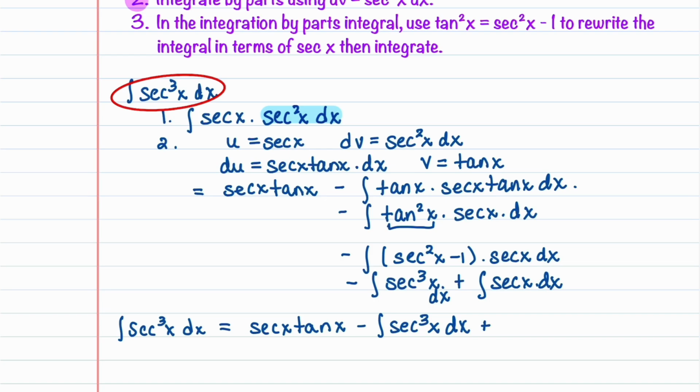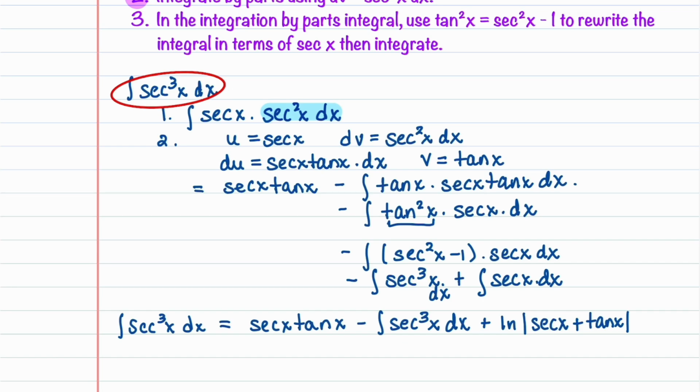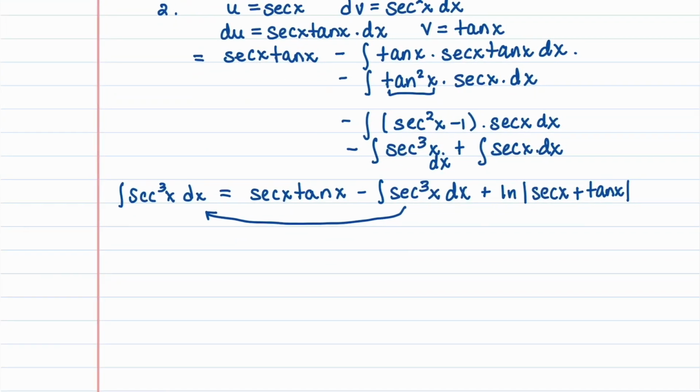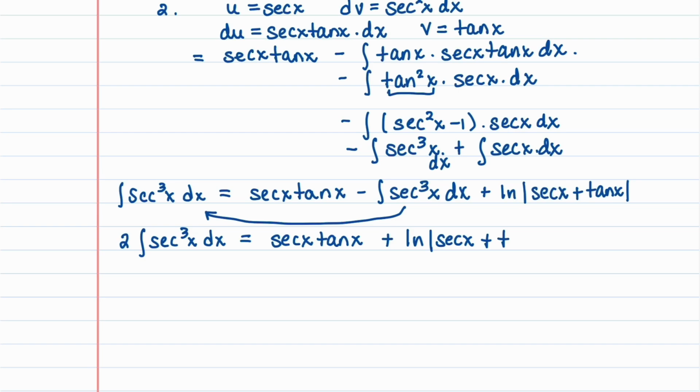It is the natural log of the absolute value of secant x plus tangent x. We're going to hold off on the plus c until we get done. We're going to take this integral and combine it with this one. So we have 2 times the integral secant cubed x dx. And what we have left is our secant x tangent x plus our natural log absolute value secant x plus tangent x.